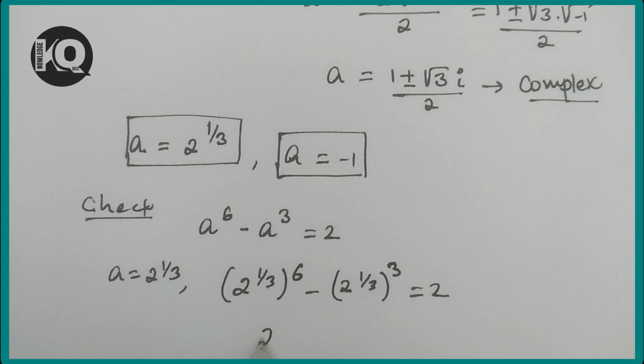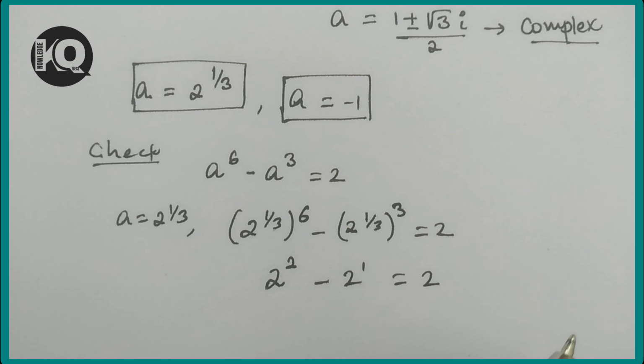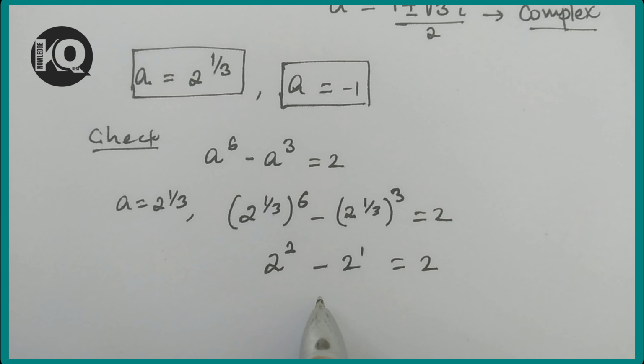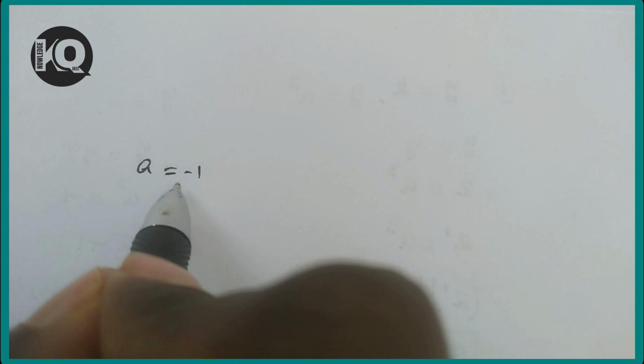So it will be 2 to the power of 6 divided by 3, which is 2 squared, minus 2 to the power of 3 divided by 3, which is 2 to the power of 1, which is equal to 2. So this will be 4 minus 2, which is equal to 2.